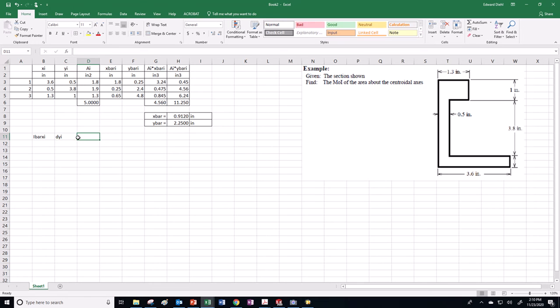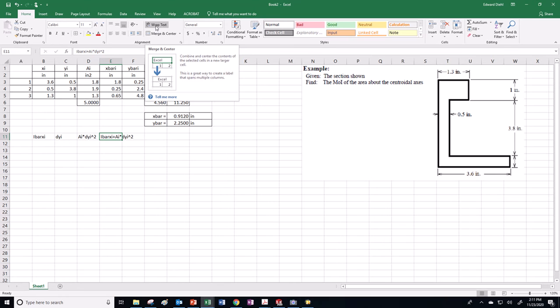And then AI times DYI squared, and then we could write I bar XI, this was terrible, plus AI times DYI squared. And because that's so ugly, I'll just go ahead and wrap that text.